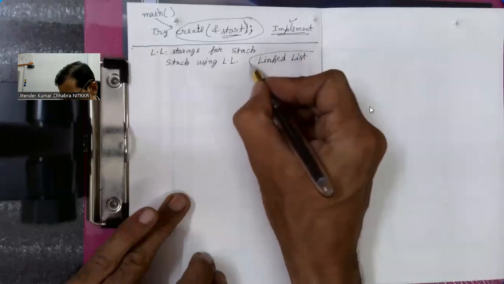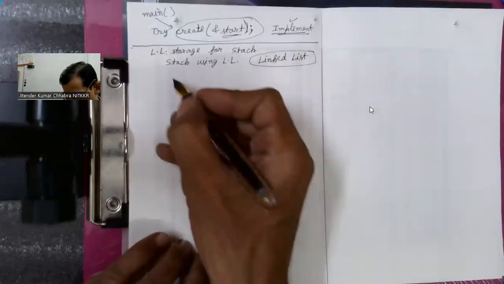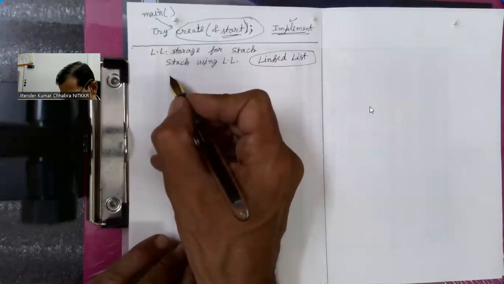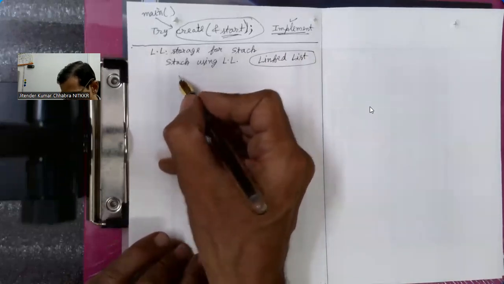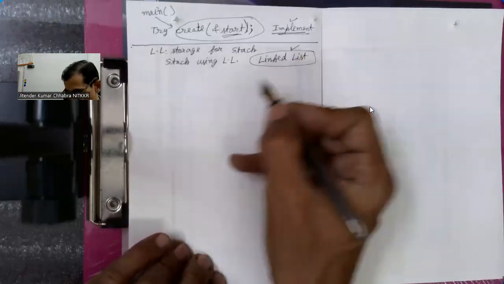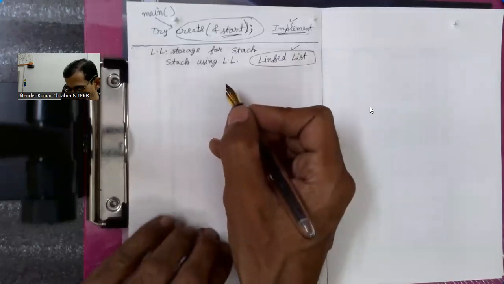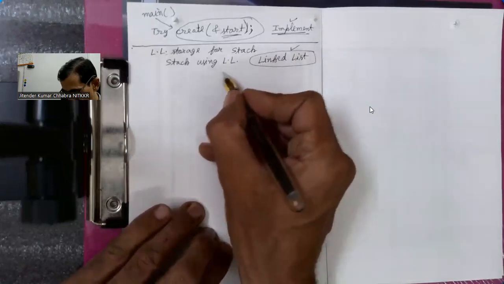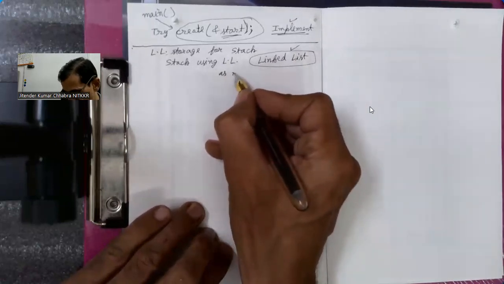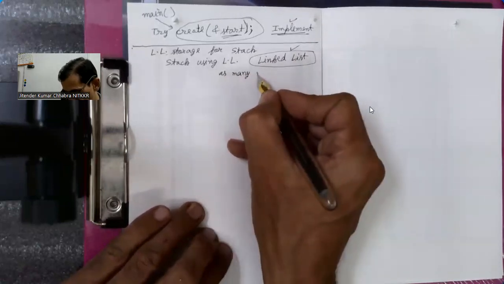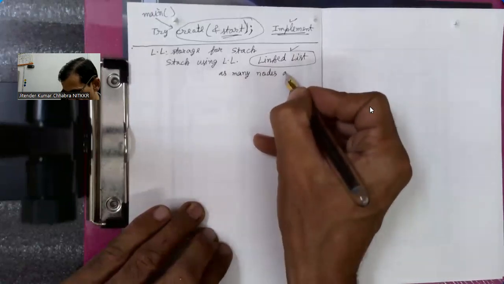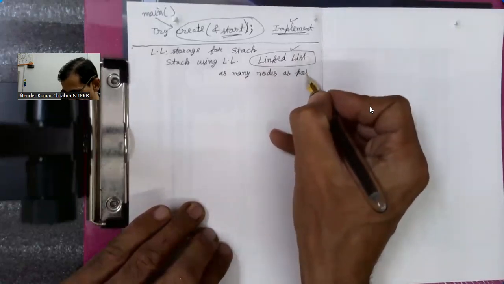What linked stack requires is that, first of all, remember, an array will not be used, so linked storage will be used. This also gives you the flexibility that an upper limit of the size need not be told. You can have as many nodes as possible, as long as memory is available.